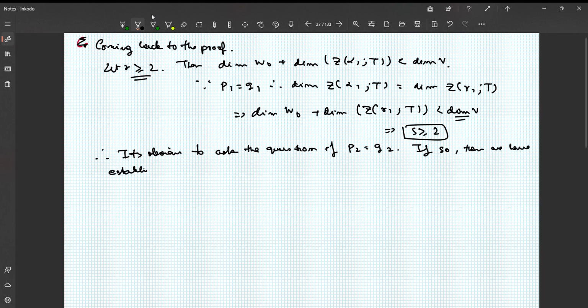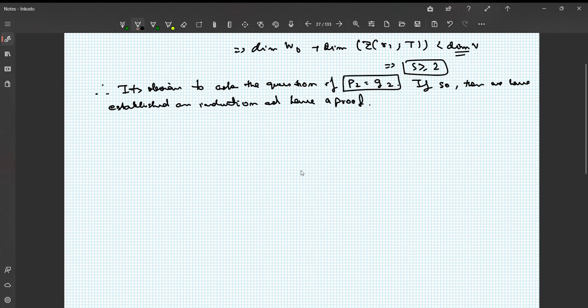Because if P2 is equal to G2, then we have established an induction, and hence a proof. So we just need to show that P2 must be equal to G2. That's it. Okay, so how do we do this? Now we have two decompositions of V. Okay, what are the decompositions? Let me just come to it.